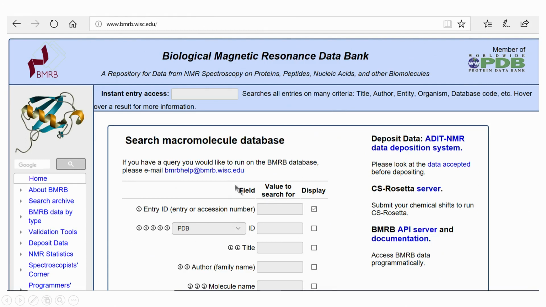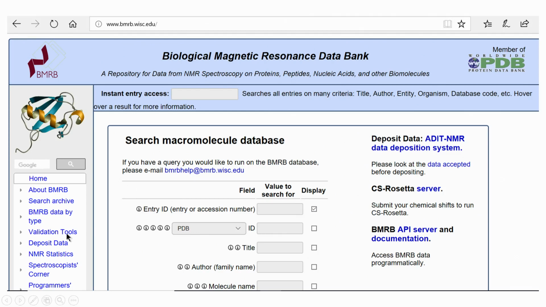This is good because you want to know what kind of data, what kind of NMR experiments were used for solving the structure of that particular protein, what techniques were used, and what chemical shifts were obtained for that protein. Therefore the BioMagResBank, or BMRB, is a very popular database for NMR people.